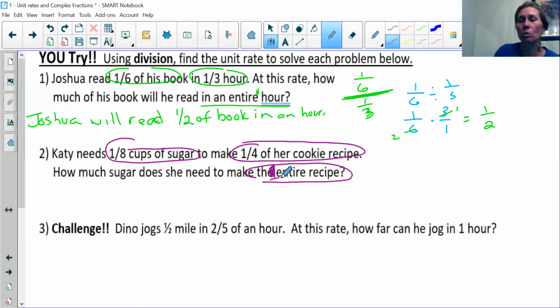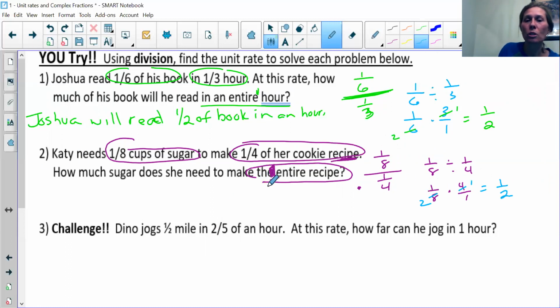That means I'm going to take 1/8 divided by 1/4 because I've got the recipe on the bottom. So 1/8 divided by 1/4, 1/8 times 4/1, cross simplify, gives me 1/2. So how much sugar does she need to make the entire recipe?